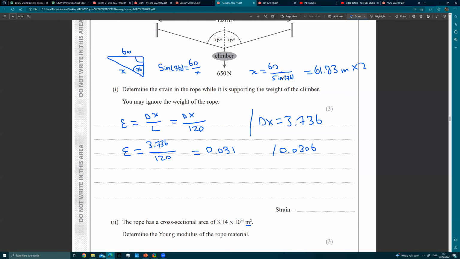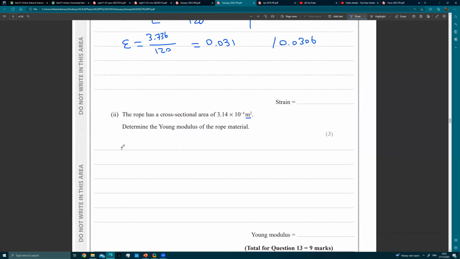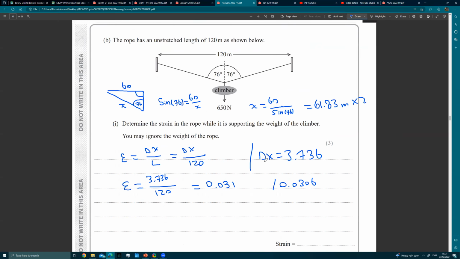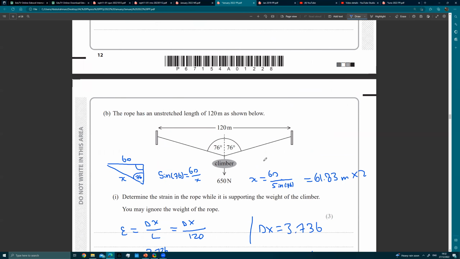I'm just going to do it as I go. Yeah, go for it. Okay, so sir, I know that Young's modulus is stress over strain. We have the strain, which is 0.0306, and we know that stress is F over A. And we know that the force is 650 newtons downwards, and they already give us the area. So we do 650 over 3.14 times 10 to the power of -4, and then we do that over 0.0306.